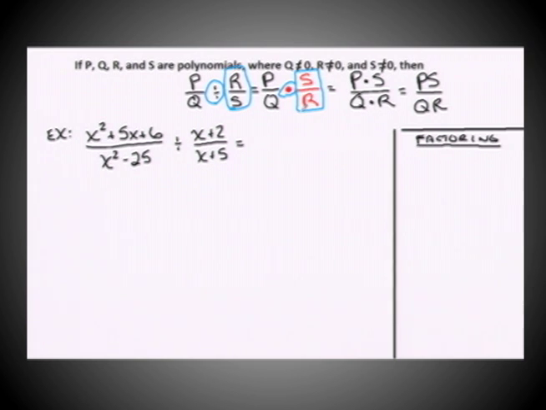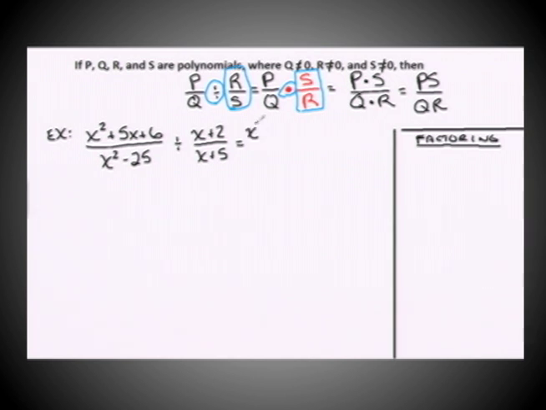All right, so let's take a look at this example. We start out with the example, x squared plus 5x plus 6 over x squared minus 25 divided by x plus 2 divided by x plus 5. So our first step in this process is to simply rewrite this as multiplication of the reciprocal for the divisor.